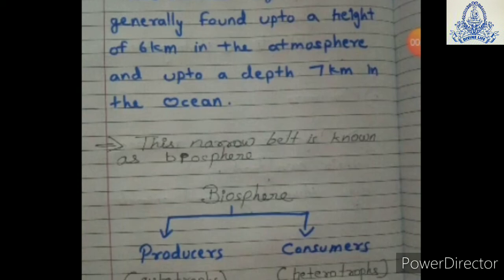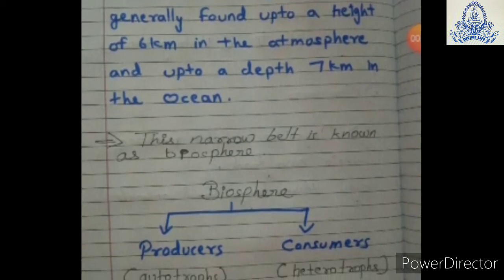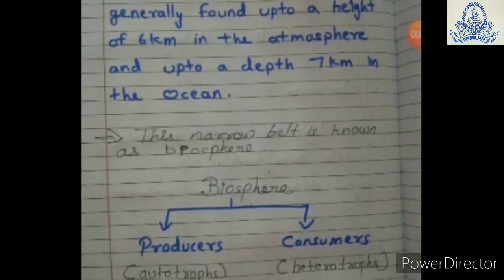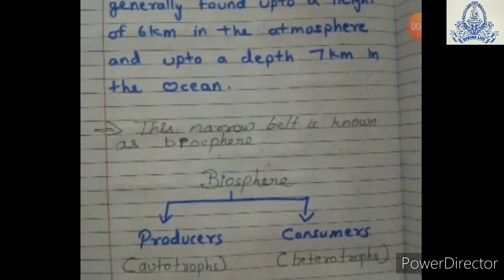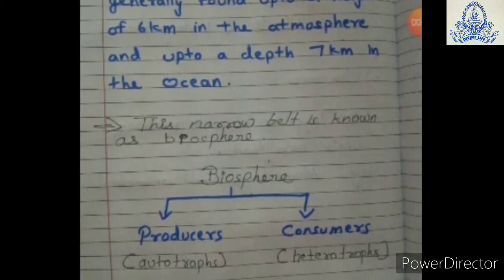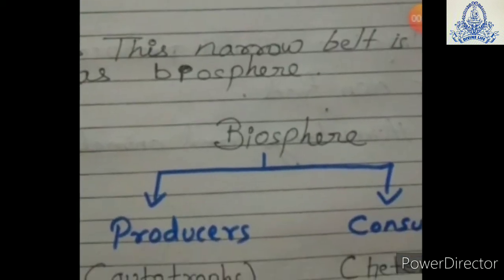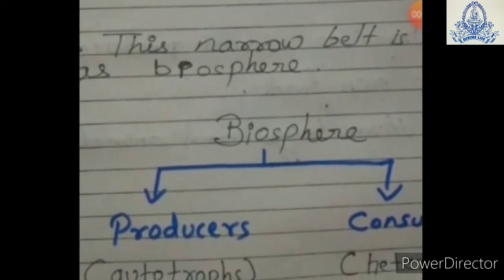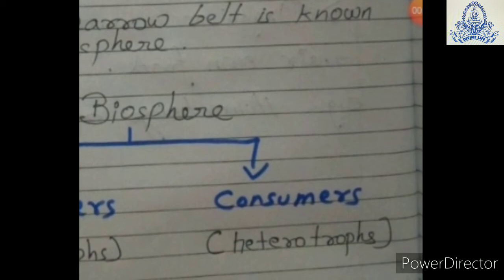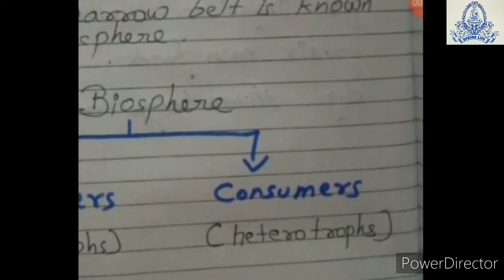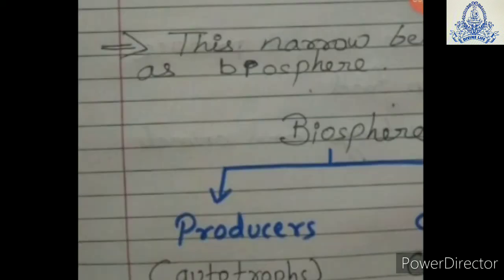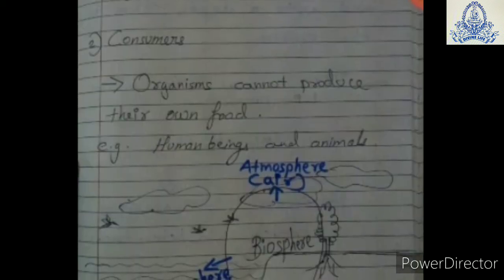This narrow belt is known as the biosphere, and the biosphere has two categories: producer, also known as autotroph, and consumer, also known as heterotroph.